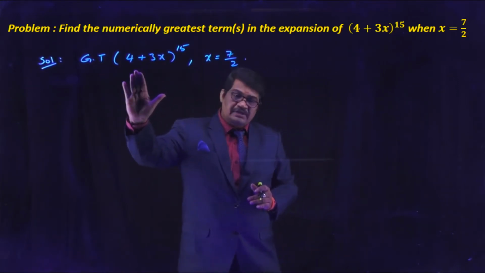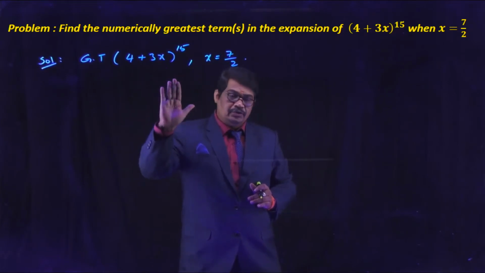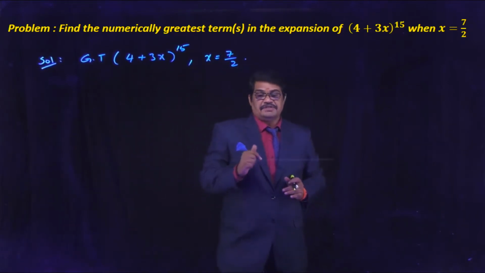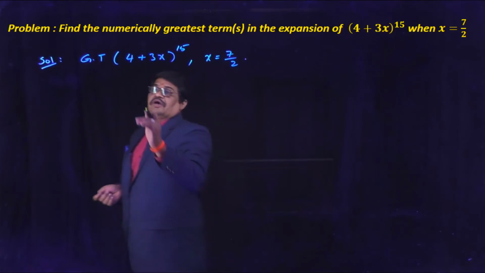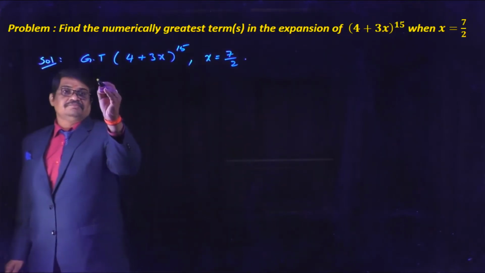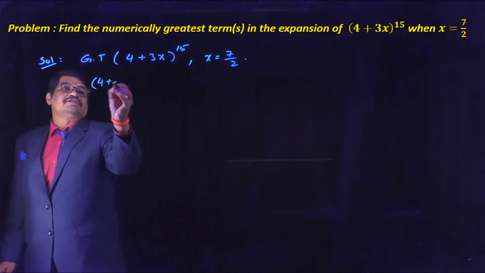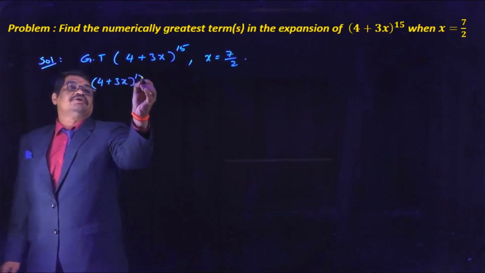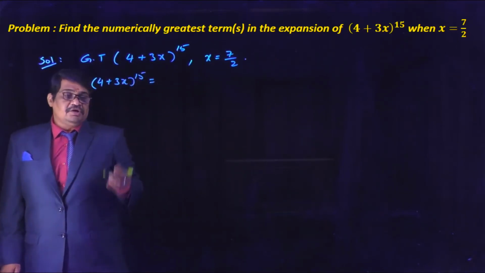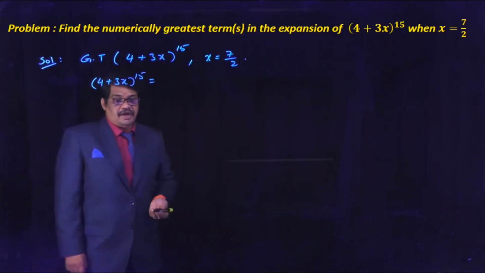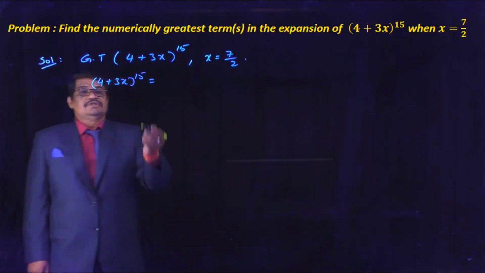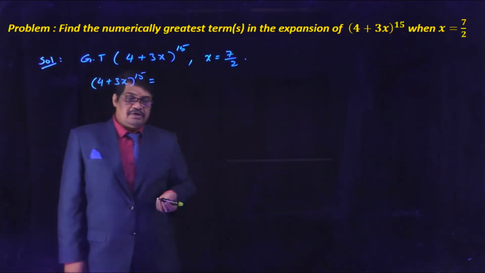Now this expansion is converted into the standard binomial expression. So we have to take 4 common from (4 + 3x)^15. Now we are converting it into the standard binomial form, that is (1 + x)^n form.